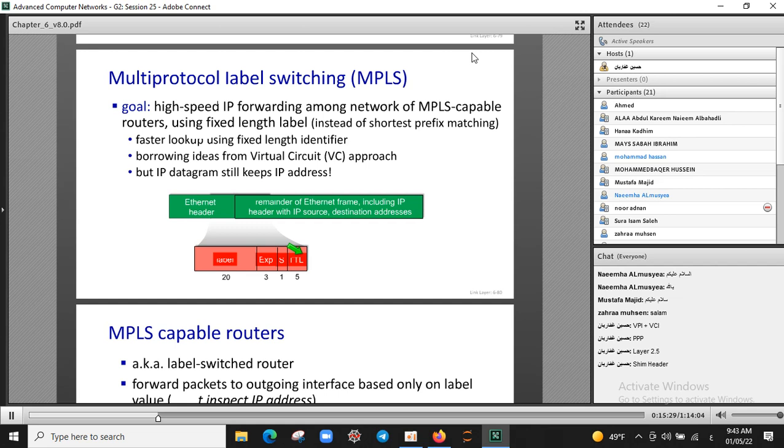But currently forget them. I don't want to talk about them. For example, stacking means that I can push one label onto another label.